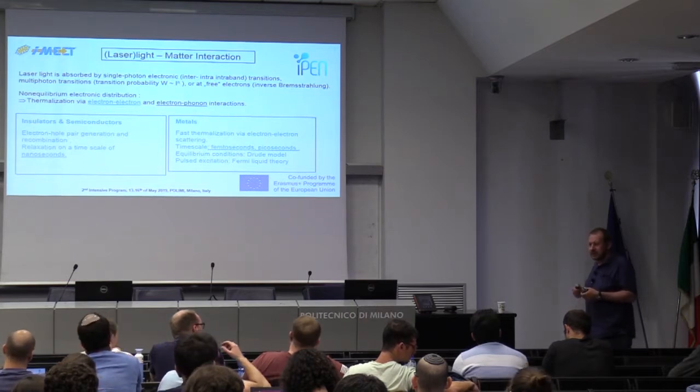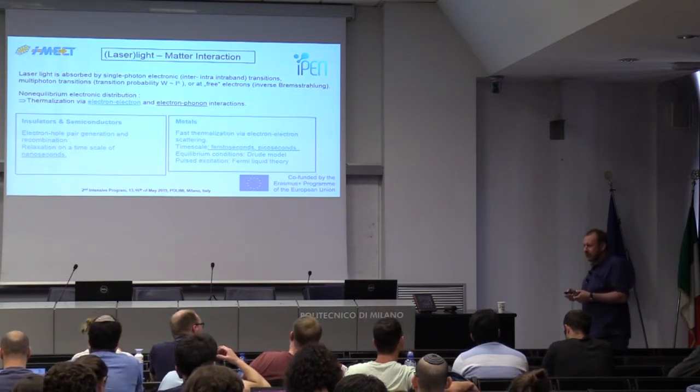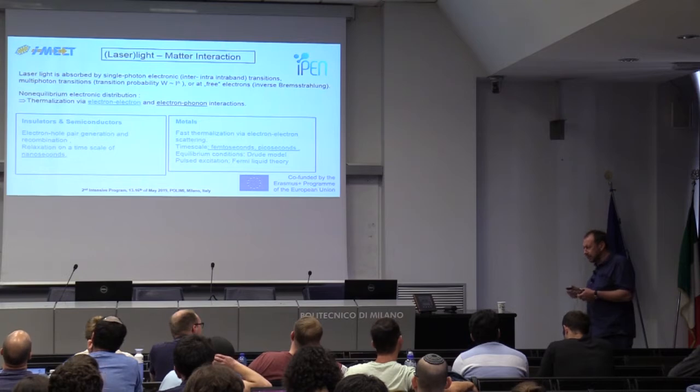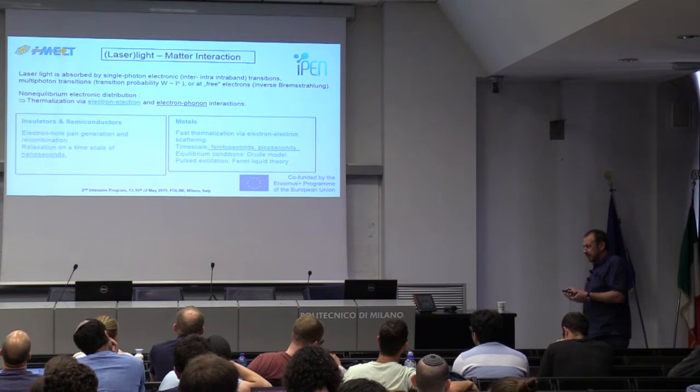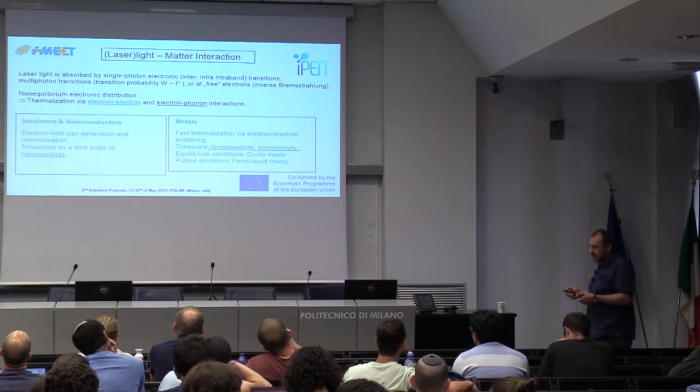They have to be in interaction with some other, let's say, some ions. Bremsstrahlung means that if you are decelerating electrons, they emit light. The inverse process is that they can absorb light.